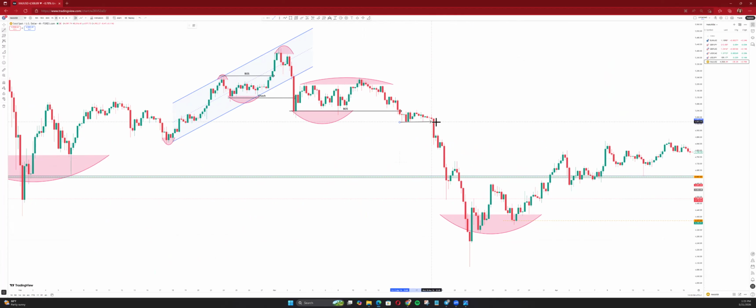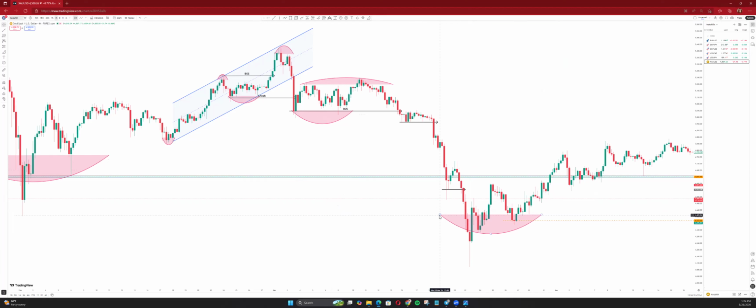This was the swing low it had. The market came and took it out, then made another swing low here.